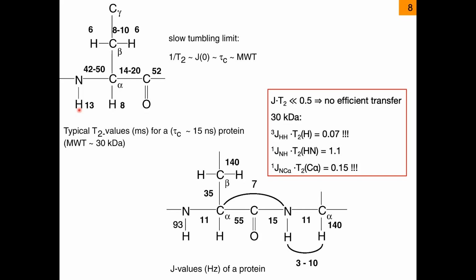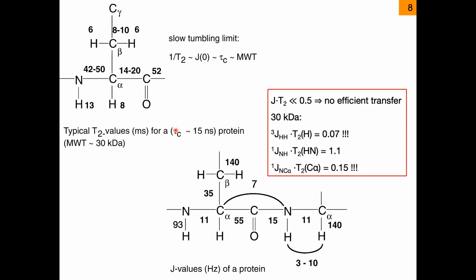So for this 30 kilodalton protein, we measured 13 milliseconds for the amide proton. This is proportional to tau c. And I should say, what is the tau c? That's the rotational correlation time. This is how fast the molecule is changing its direction in solution, no? And there's a rough rule of thumb, which I think is very useful.